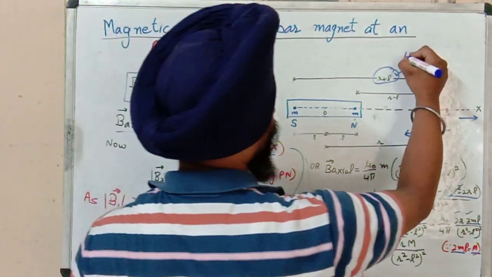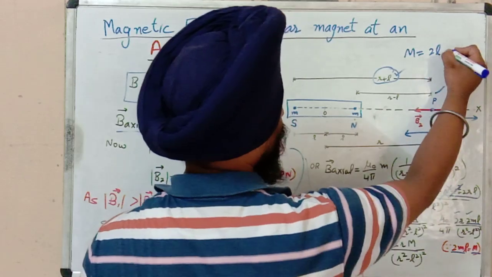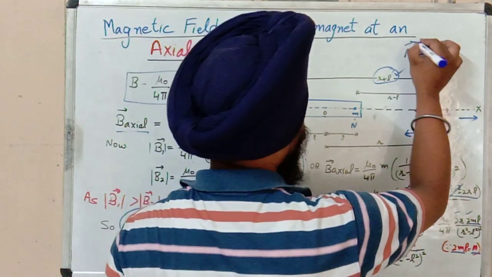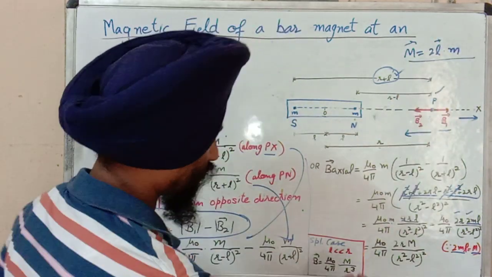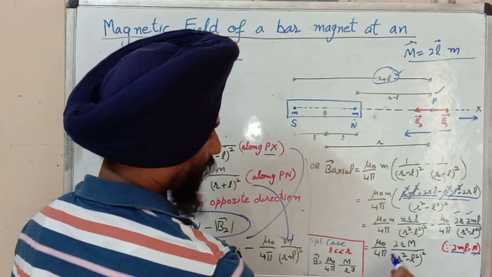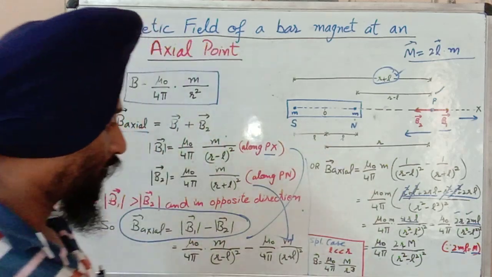It is the distance between poles into either pole's strength. So by putting this value we get B axial equals mu naught upon 4 pi, 2rm upon (r square minus L square) whole square.